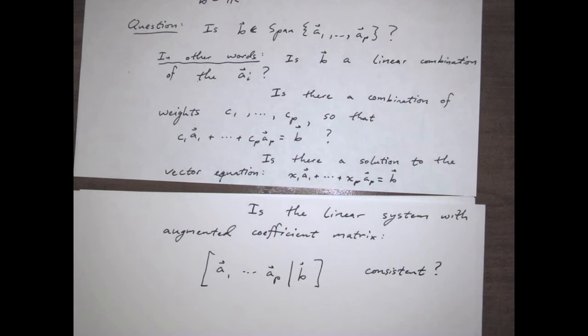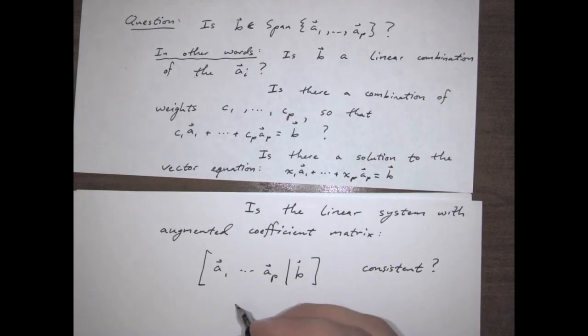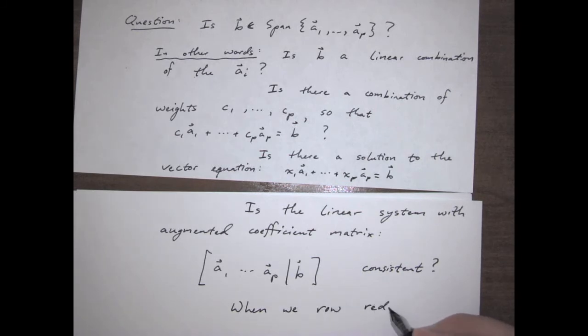And then finally, that gives us one more way of wording it. When we row reduce, do we get 0, 0, 0, 0 followed by something that's not 0?